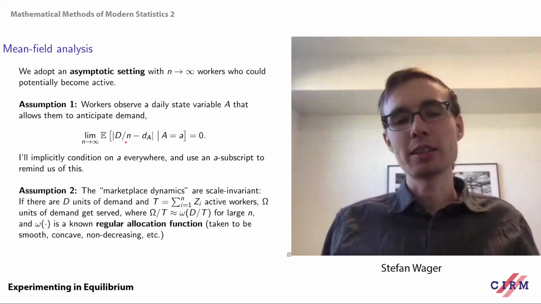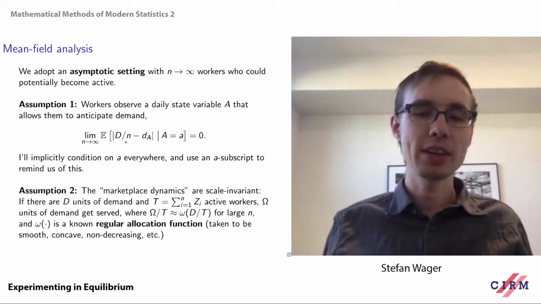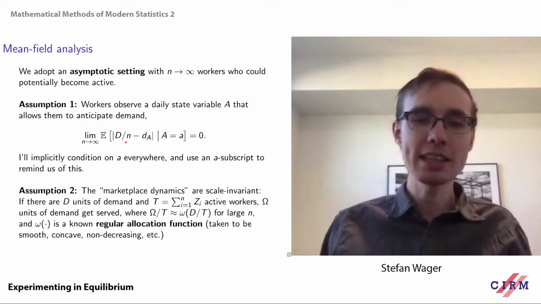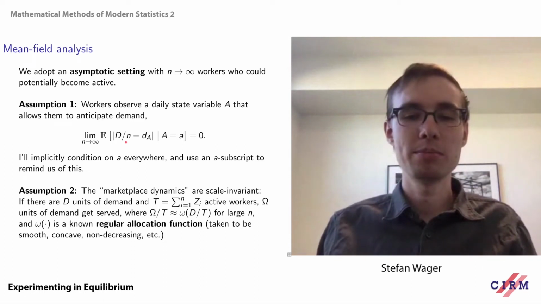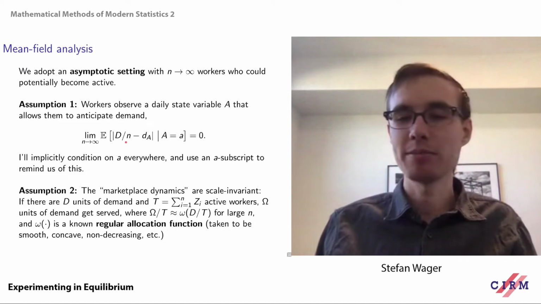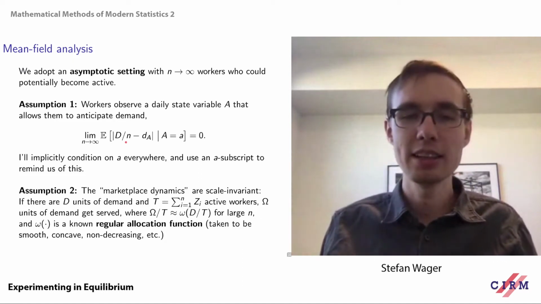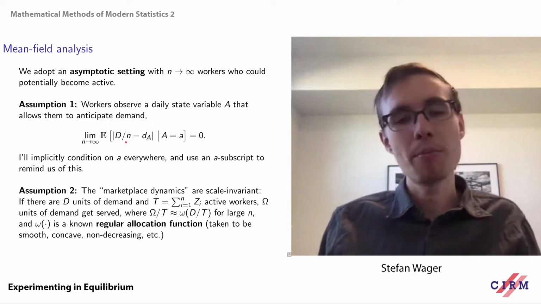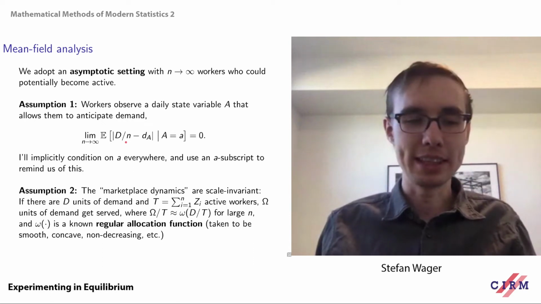And here our assumption is just that the platform understands this, and that the process is scale invariant. That is, if you double the demand and you double the supply, the fraction of matches you get remains constant. And this function omega is the thing that governs this matching rate.